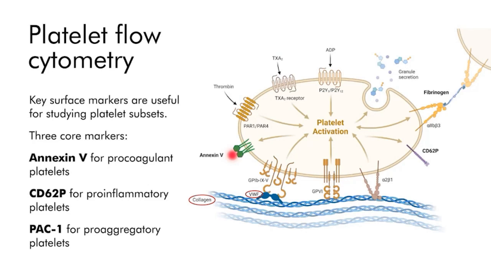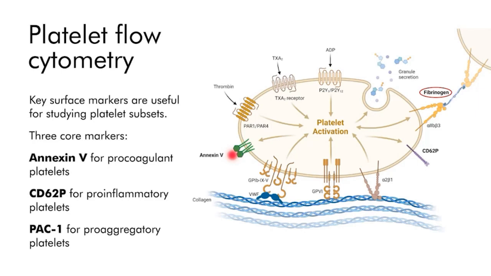And specialized receptors stick to collagen and VWF, and downstream signaling results in activation responses such as granule secretion, and the contents of these granules can amplify platelet activation and help recruit additional platelets and even leukocytes to the site of damage. We also see activation of integrin alpha-2b beta-3, which mediates fibrinogen binding. And fibrinogen is a bridging molecule that allows platelets to aggregate with one another.